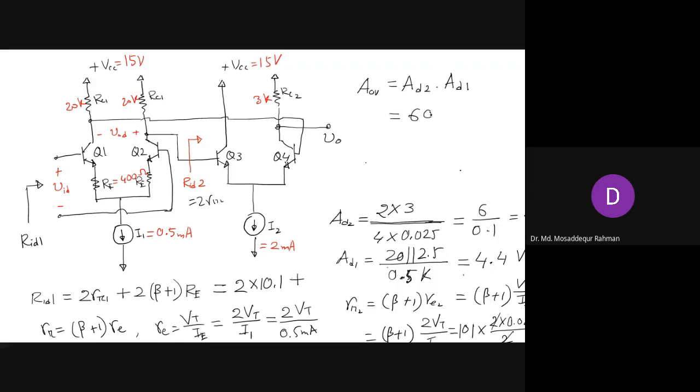So that is 60, that is 4.4, and that is 264 times, 26. Right? So that will be the overall gain.